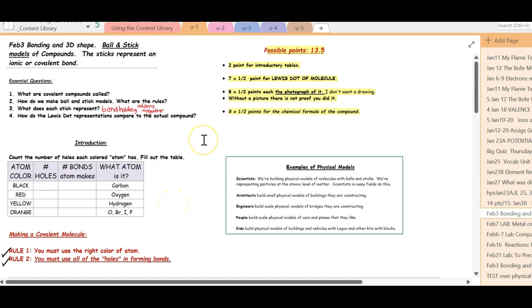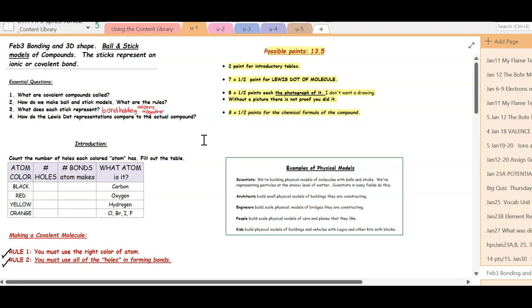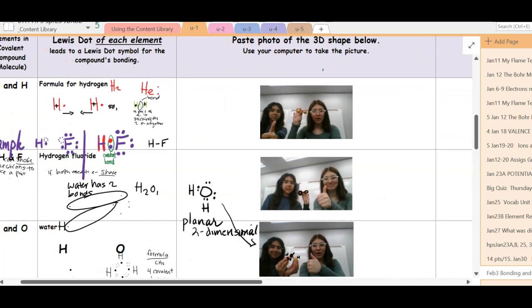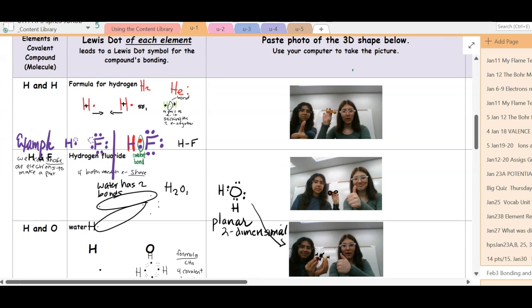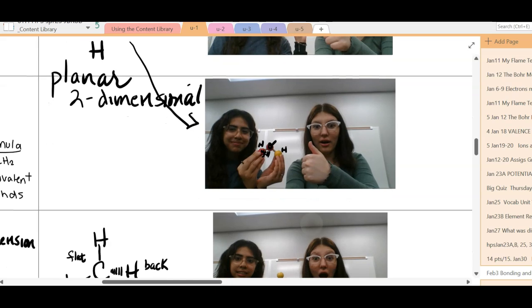Do you remember this one where we got out our ball and stick models again and we began to try and build 3-dimensional examples of what was actually happening when we did these Lewis dots? So here, I picked these 2 to illustrate what they got for the 3-dimensional structure of these elements.